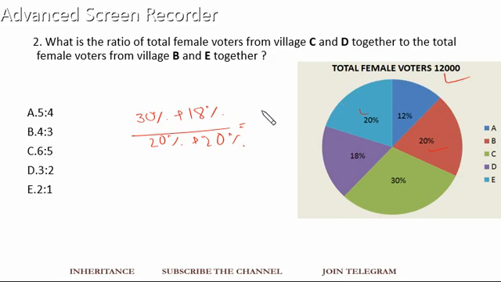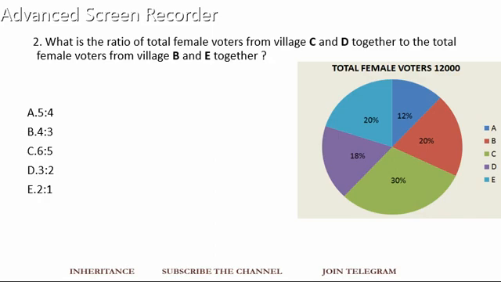If we calculated the values and divided, it would be the same ratio. So we will avoid any kind of calculation as much as we can. 30 plus 18 is 48%, and this is 40. Cutting it would be 6 and 5. So 6 by 5, that is 6:5. Okay, so option C is the correct answer.